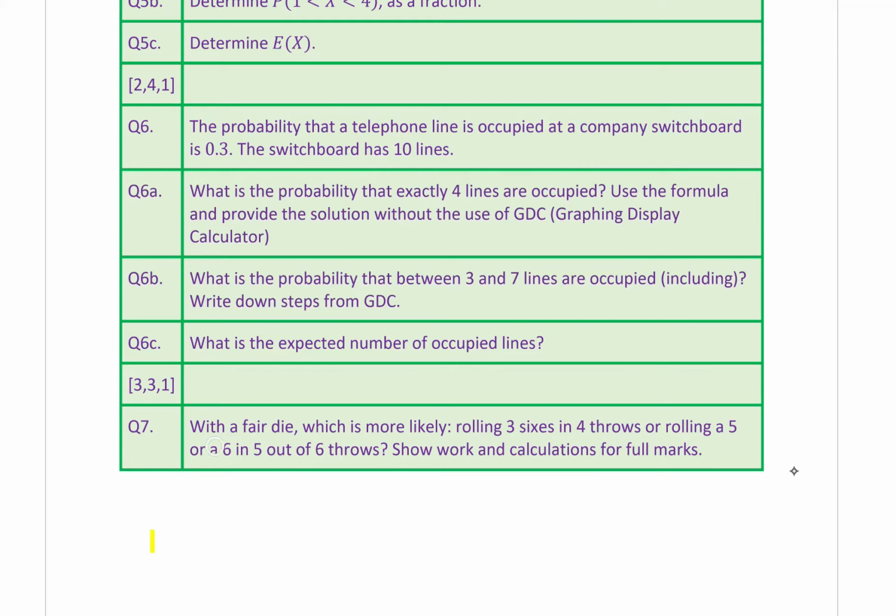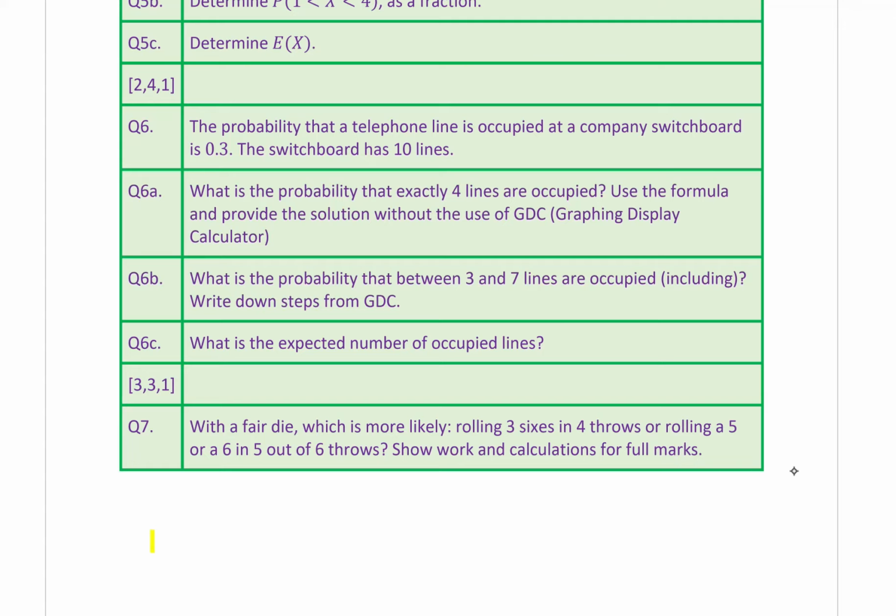Question number 7 is, with a fair die, which is more likely: rolling 3 sixes in 4 rolls, or rolling a 5 or a 6 in 5 out of 6 rolls? Show work and calculations for full marks.